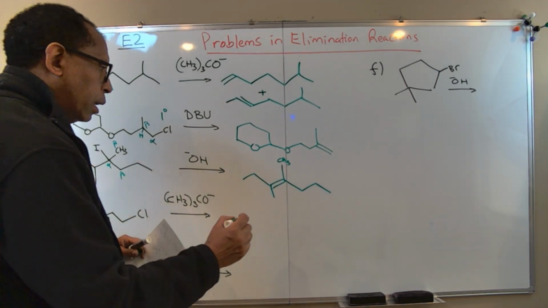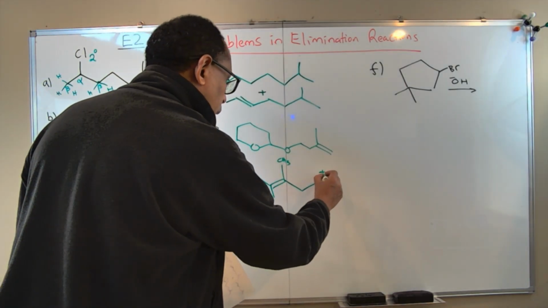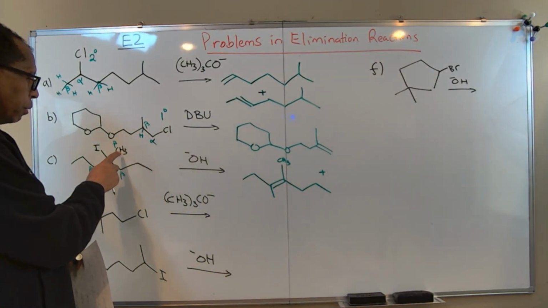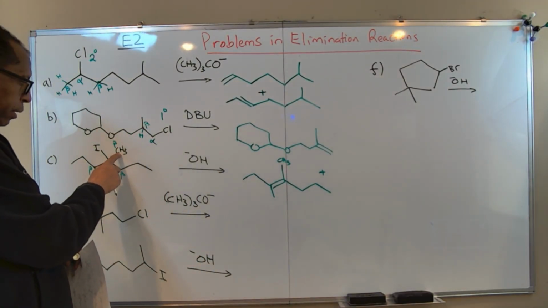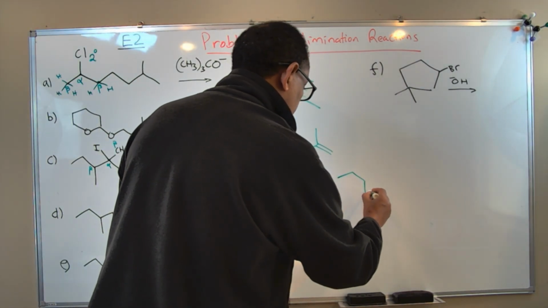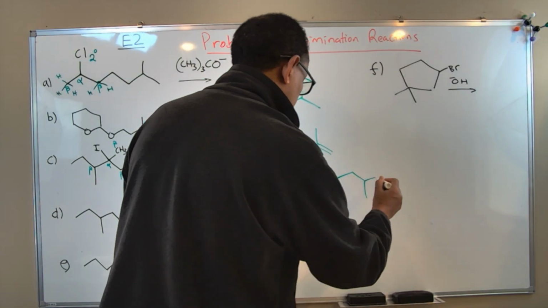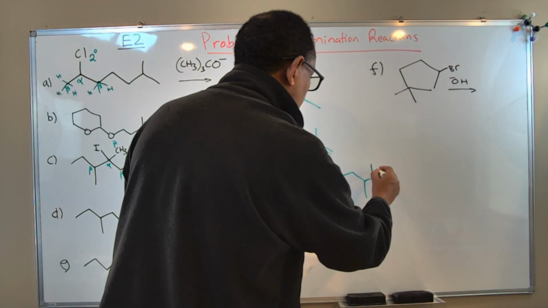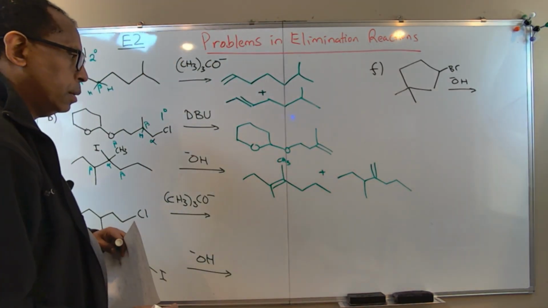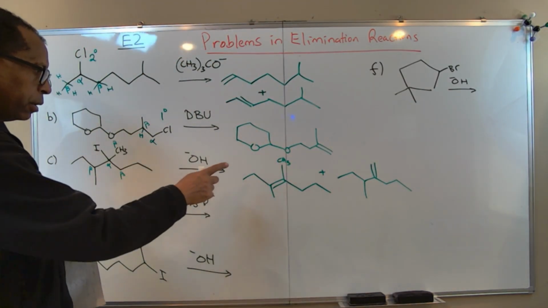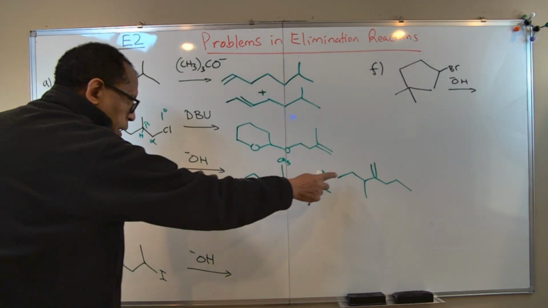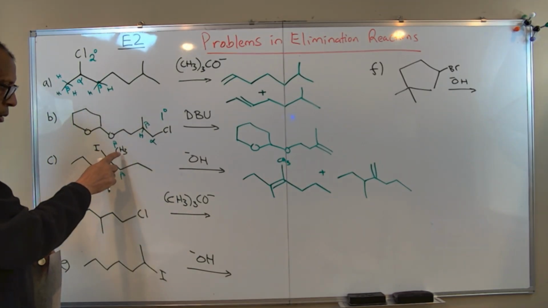The other product would be, when you are losing one of the hydrogens from this one, you would get that product. So the first one is by losing from here. The second product is by losing the hydrogen from this.